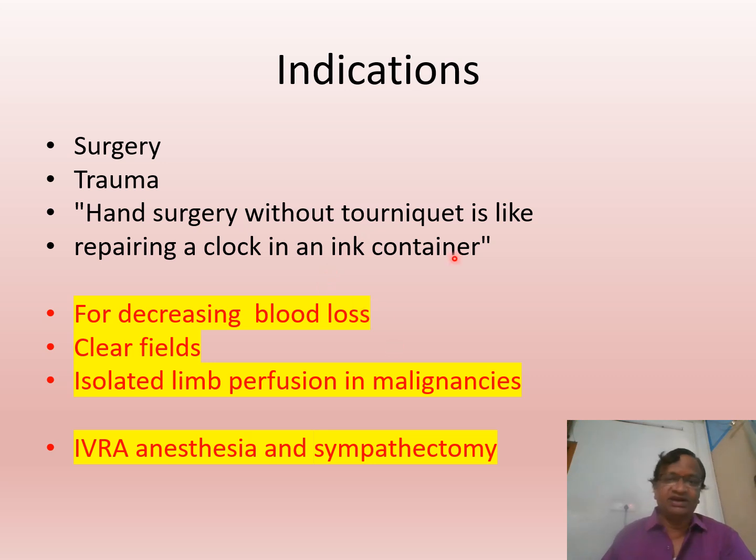So for decreasing blood loss, to clear fields, isolated limb perfusion in malignancies, intravenous regional anesthesia, Bier's block, and we can also use it for complex regional pain syndromes, sympathetically maintained pain. So these are all the indications of a tourniquet: surgery, trauma for decreasing blood loss, clear blood fields, isolated limb perfusion in malignancies, IVRA or Bier's block, and IVRS sympathectomy.